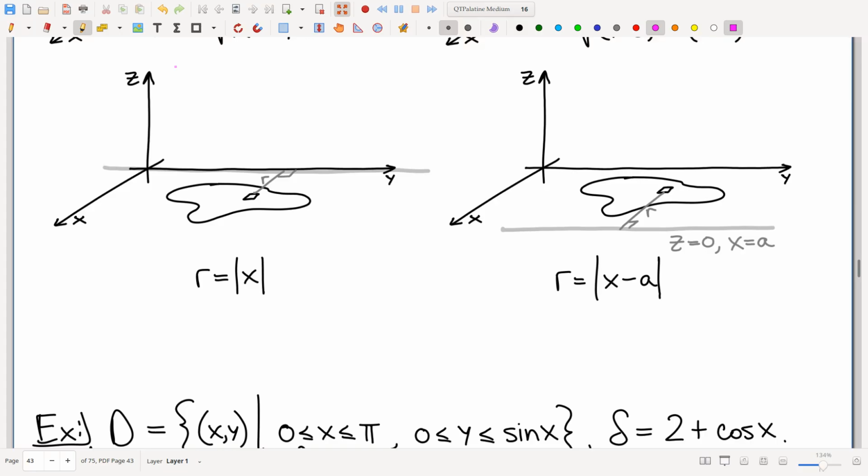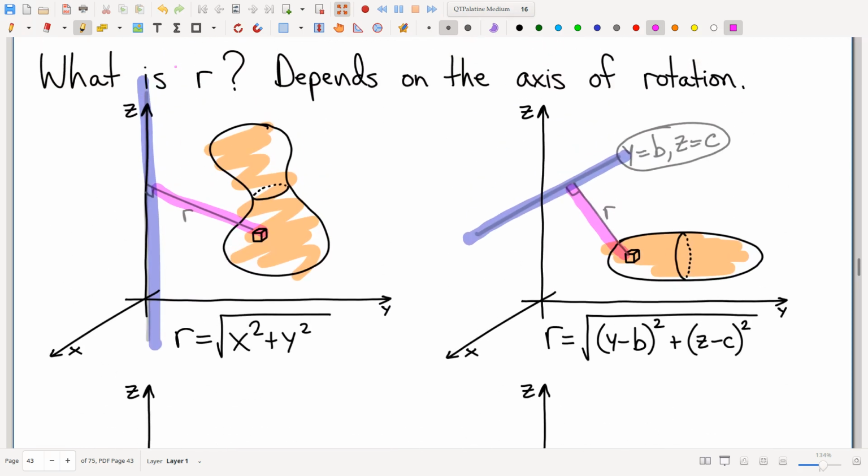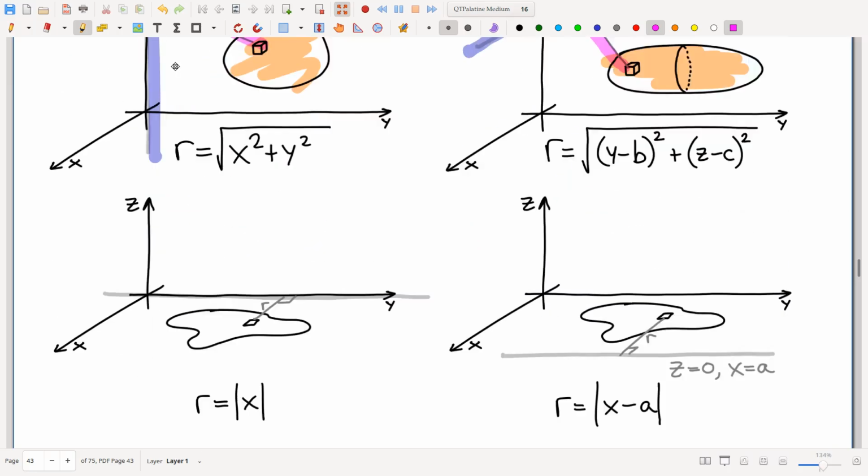And second of all, it blurs the concept. There is a single geometric concept that you should remember, that can feasibly stay with you for your entire professional career, which is that this is what R is supposed to be. It's the distance from whatever little piece of mass you're looking at to whatever your axis is, and that little geometric concept will allow you to solve every future such question.